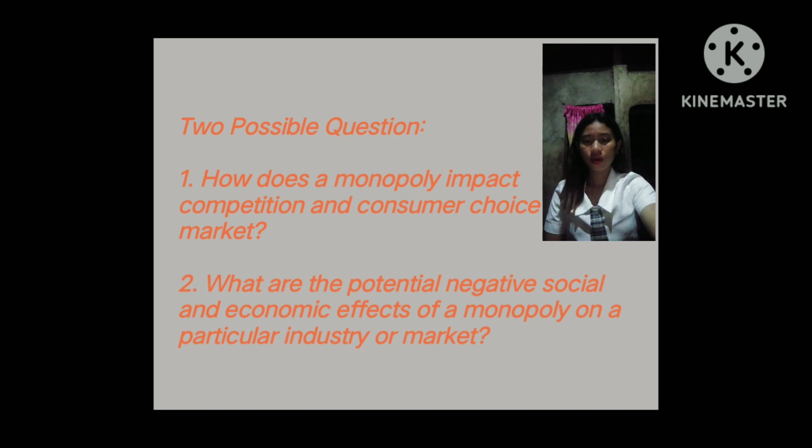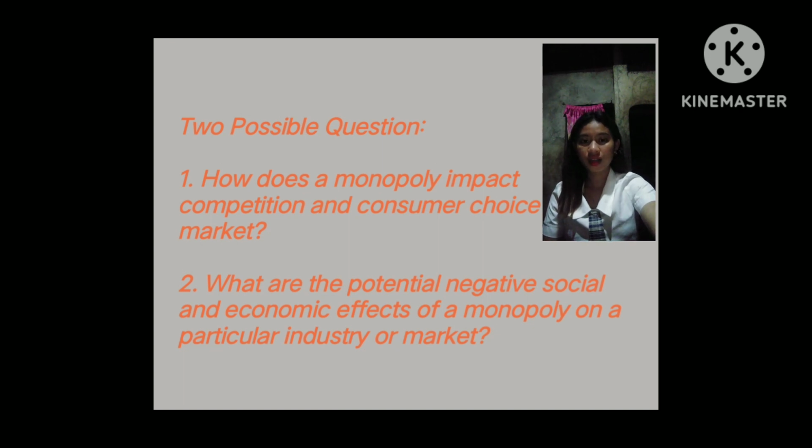And the second, what are the potential negative social and economic effects of a monopoly on a particular industry or market? The first question focuses on how a monopoly affects competition and consumer choice in the market.